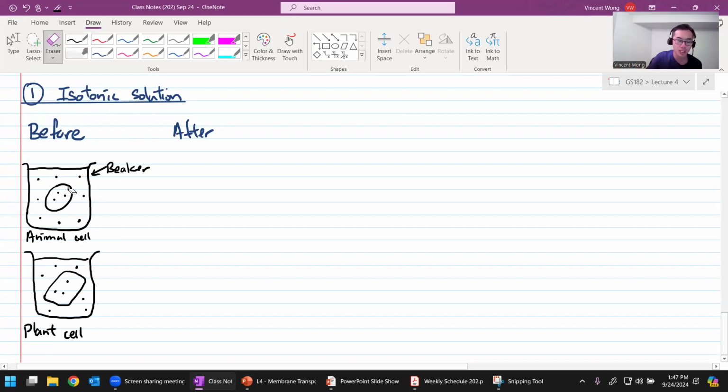If it's 60% in the cell, it's going to be 60% in the solution. Same number, no gradient, basically. So an isotonic solution is where the concentration of the solution equals the concentration of the cytoplasm. Remember, a square bracket means concentration. Same concentration, no difference.